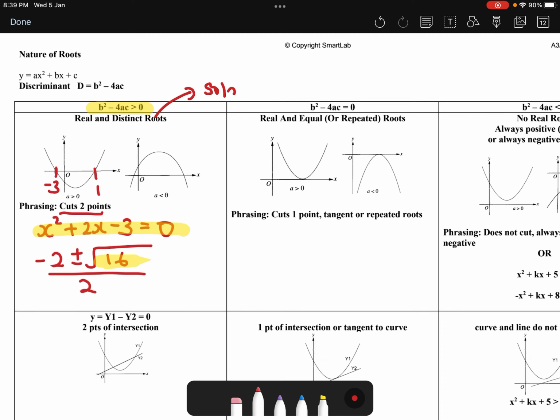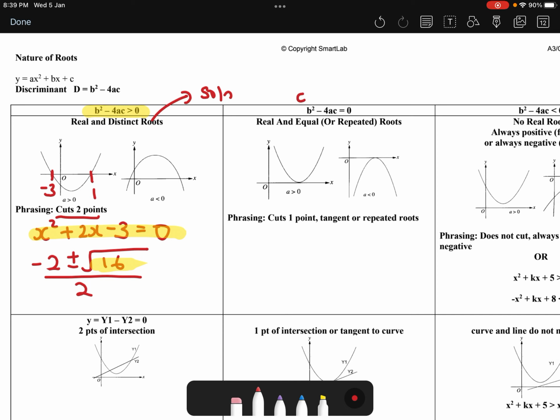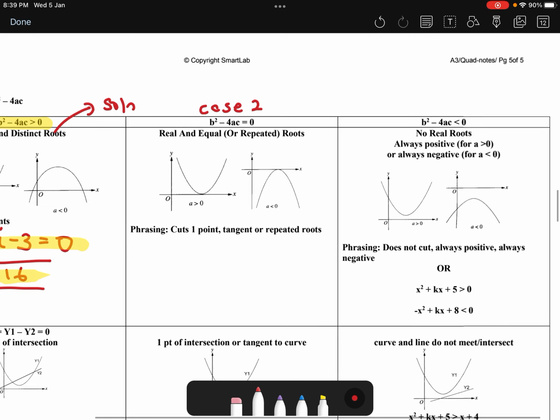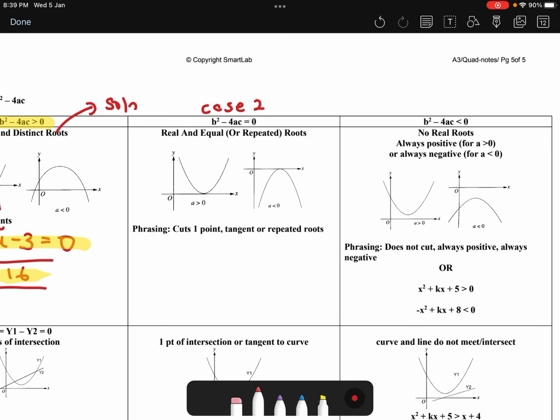Now we move on to case 2, where I only have one root, or one answer. They can phrase it in terms of real and equal roots or repeated roots. Repeated roots means the answer is the same. If you still remember, our equation is x squared plus 2x plus 1 equal to 0, and our answer is x equal to negative 1.